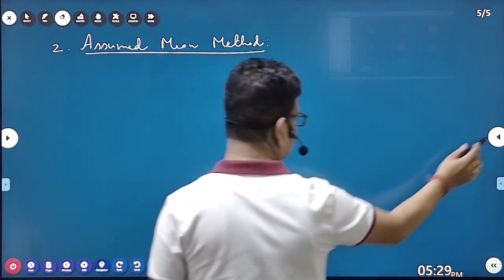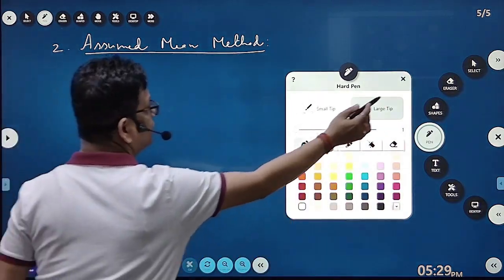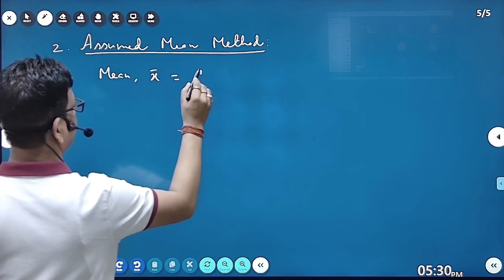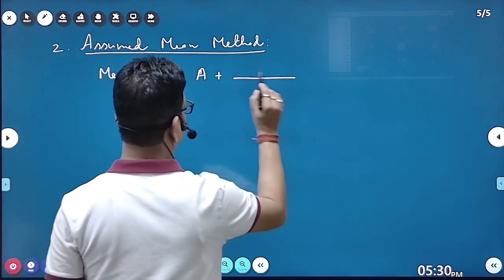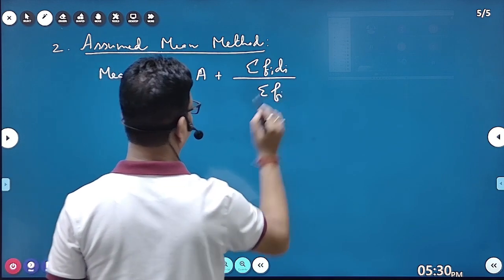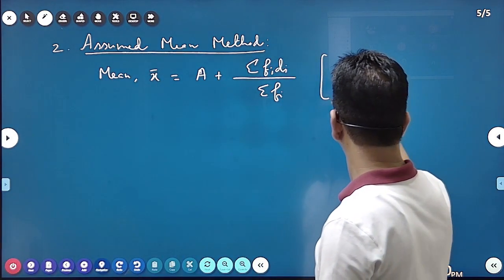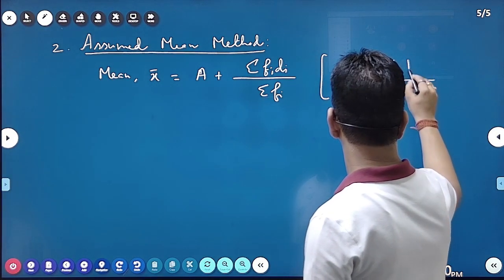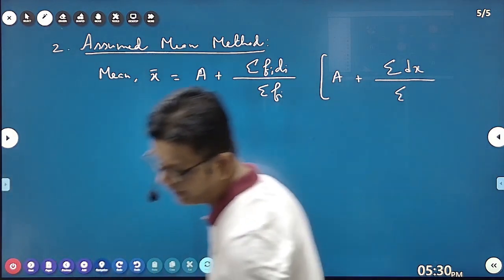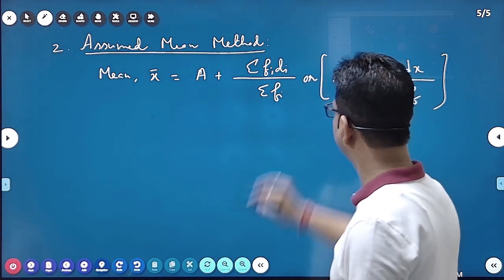Here, the mean x bar equals a plus summation of fi di divided by summation of fi. It can also be written in your book like this: summation of f dx divided by summation of f. So only a symbolic difference, the formula is the same.